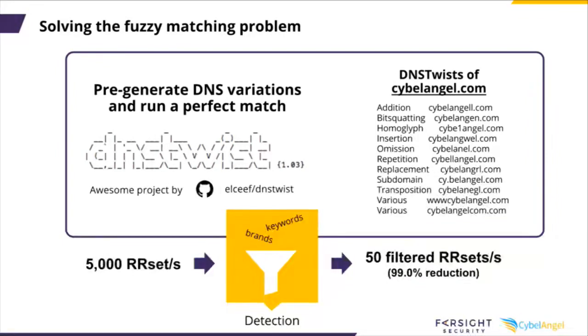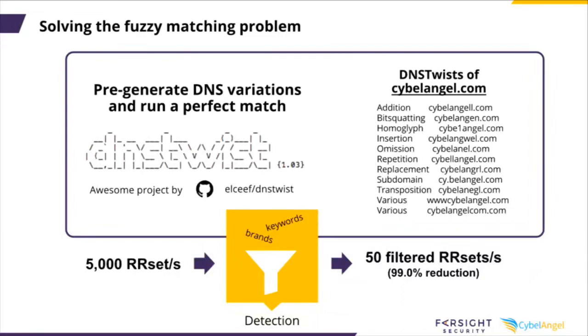So we pre-compute all the variations using DNS Twist, and we look for perfect matches of these variations. So to overcome this first challenge, what we did is change the problem of fuzzy matching into a larger problem of perfect matching, and it works. So we look for all these keywords in the feed, and we managed to filter it down by 99%.